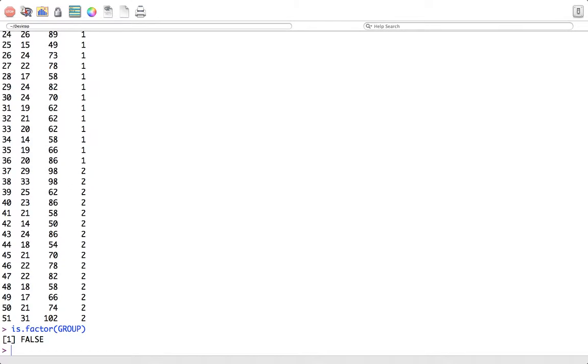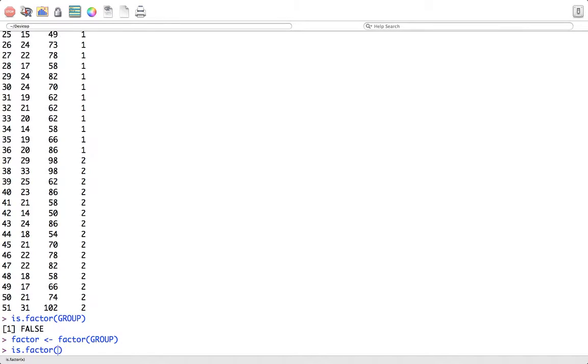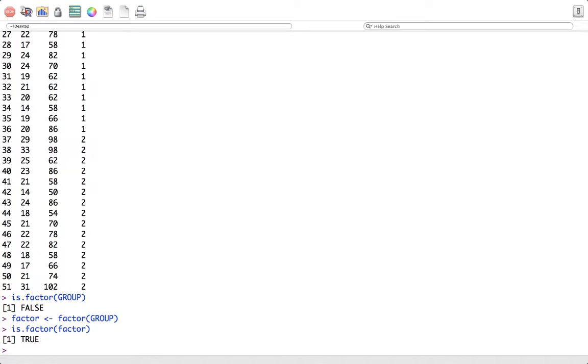Okay, so I'm going to just call it factor because I'm not very creative. And so now factor is what I'm going to use as my independent variable, different teaching styles. And now you can see is.factor, and it's kind of weird that we're calling it a factor, but that's true. So things are good now.